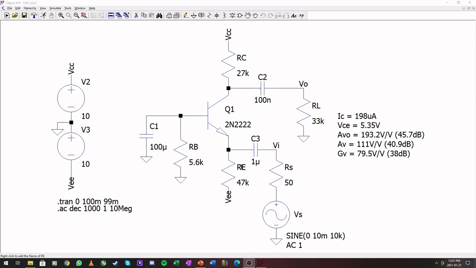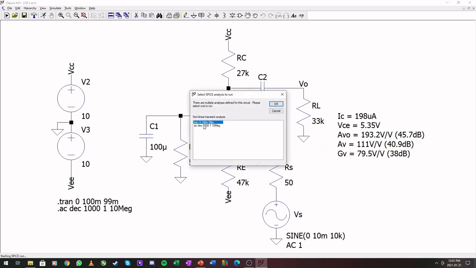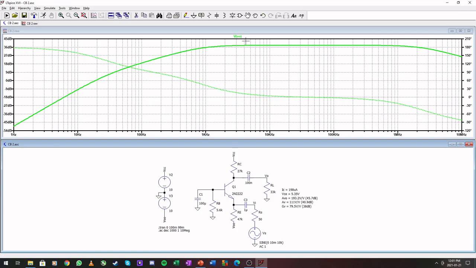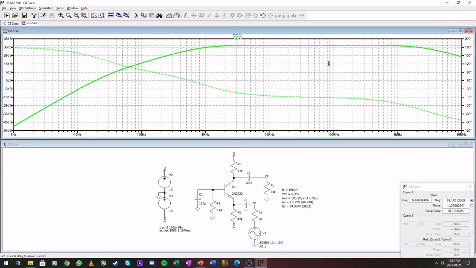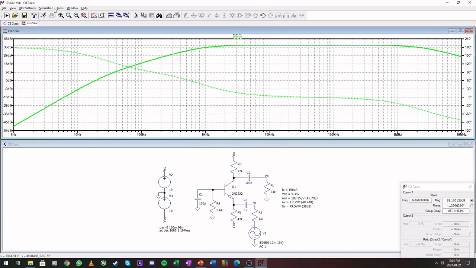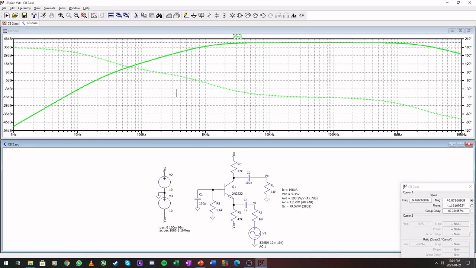Alright, next one was with a 200 microampere bias, just like the current source one would be. If we run the simulation, we have our GV up first. 58 dB. Great. Make that 1 milli. Let's run this. Goes up to 40.8, 40.9 dB. So our AV checks out.